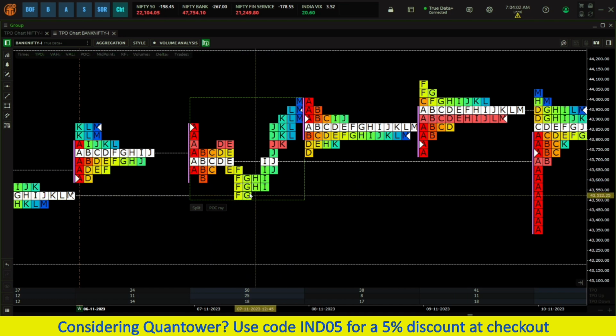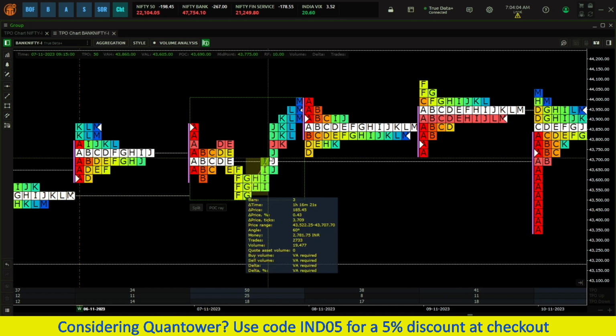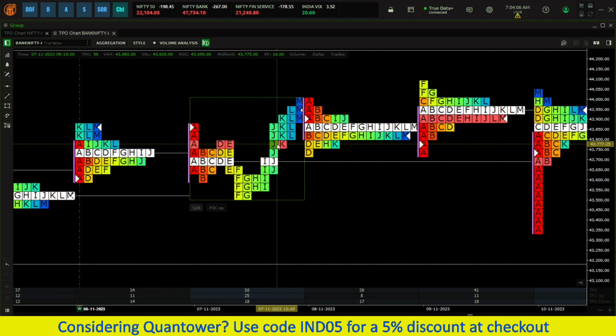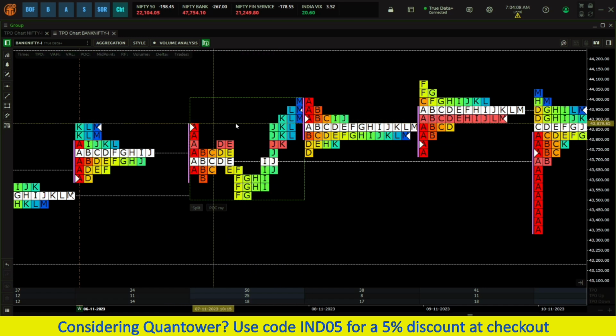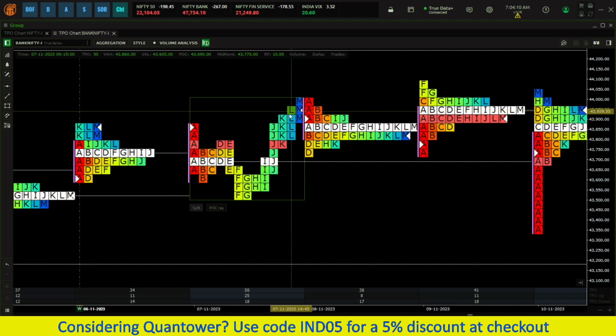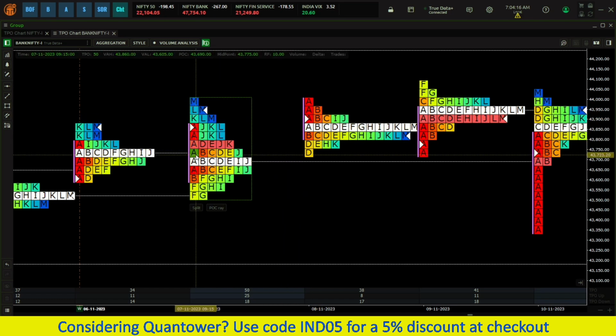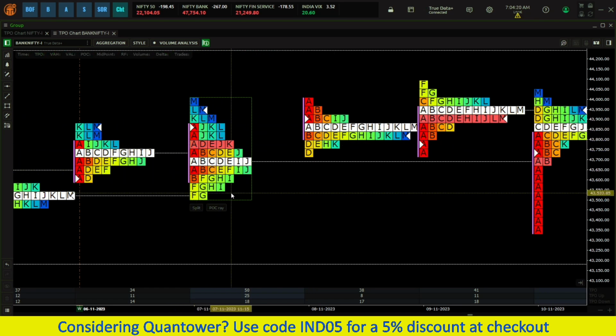But nowhere did the extension continue. After the breakdown in the F period, the long term buyers came and pushed the price back to the IB. The same thing happened again: we got a breakout in the K and L periods, and the M period again pushed back to the IB, right? So this is one example.